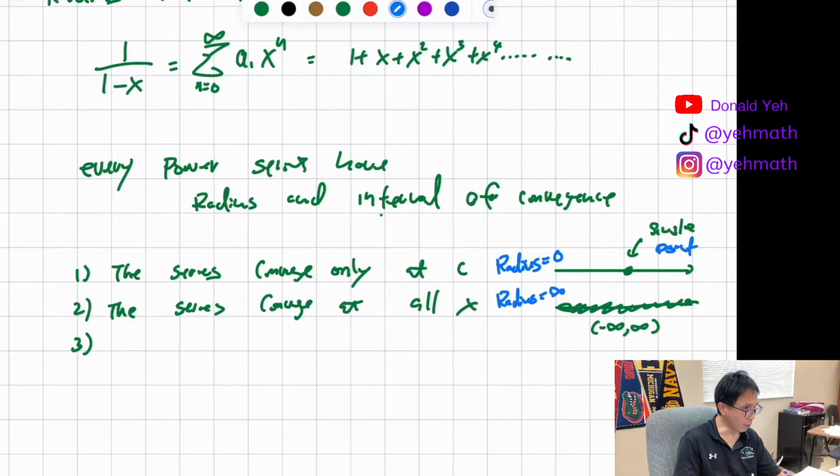Now, you can also have the third situation, which is most of the AP exam; they only worry about from which interval to which interval.